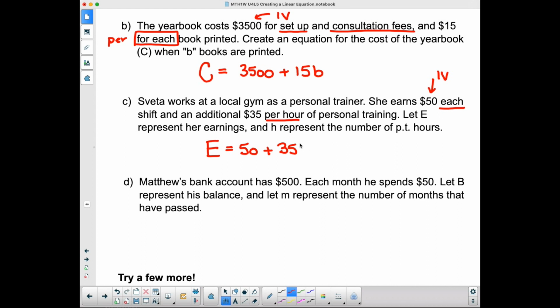H represents the number of hours for each hour of personal training time. So here's our initial value, and here's our rate of change. And this one was tough because it had each shift there, so that kind of looks like a rate of change, but we're only worried about the shift. So that is the initial value for her shift, and then $35 for the personal training. Next one.